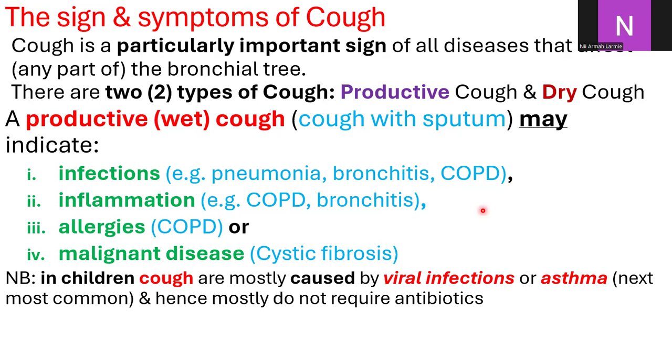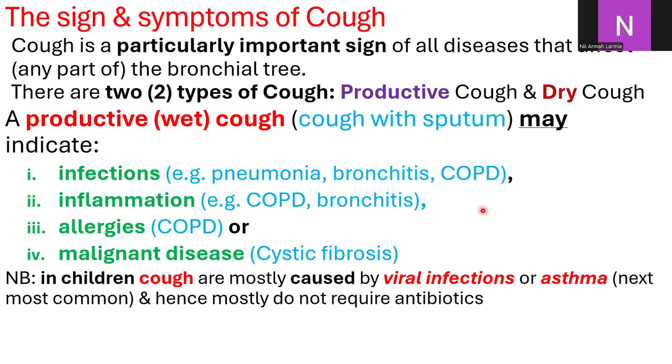So infection. It could also point us to inflammation. And again, this time there's inflammation without infection. So COPD or bronchitis, etc., can also be. It could also point us to allergies. A person allergic or responding to something allergic may produce a wet cough.